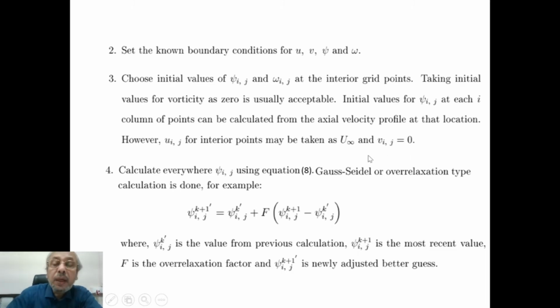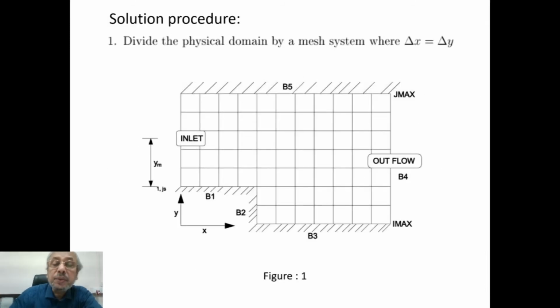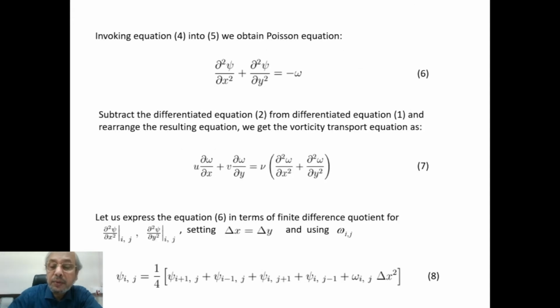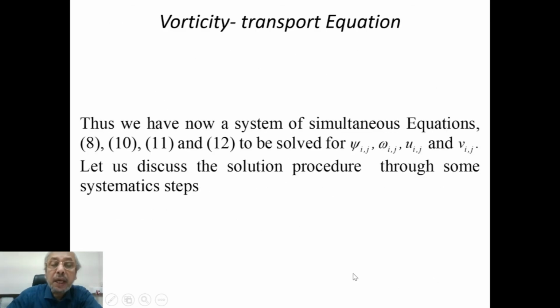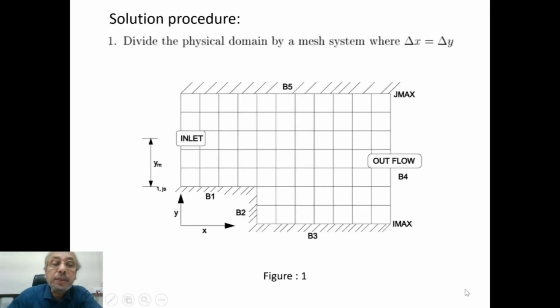Now if in this geometry, for example, the initial omega, initial psi, initial u, initial v are there everywhere, then from the expression of psi, if you recall, what was the expression of psi? Equation 8. So from surrounding psi's and omegas, at a point of interest we can calculate a new value of psi.